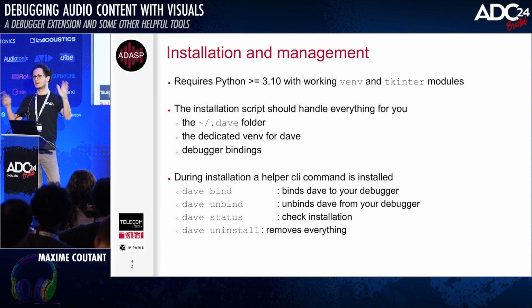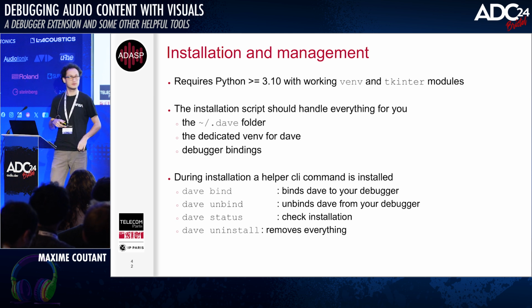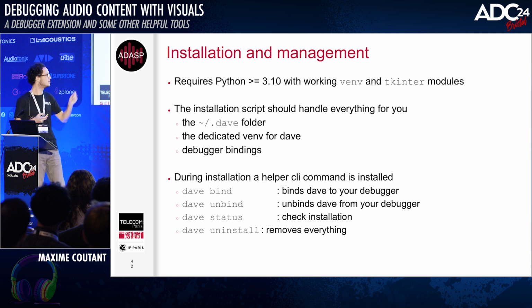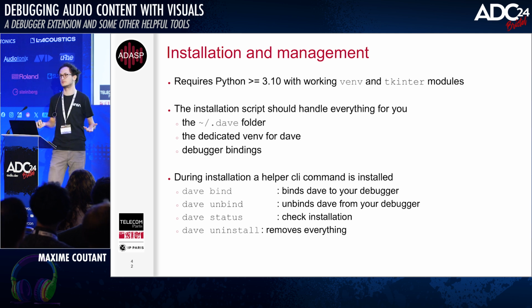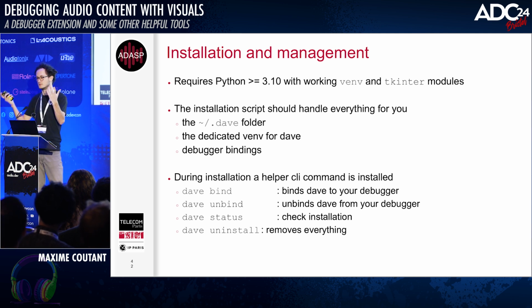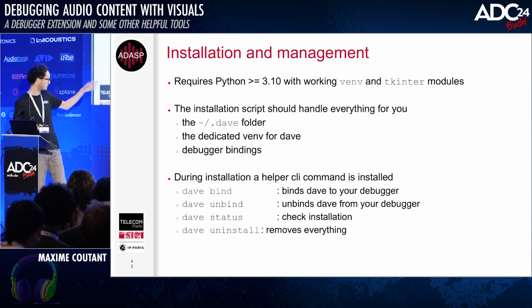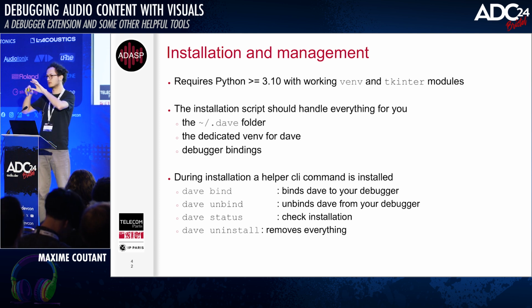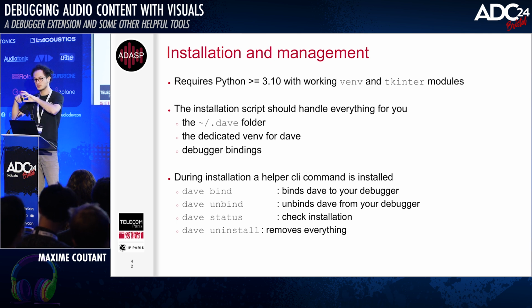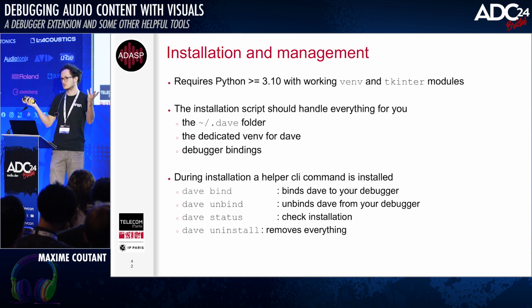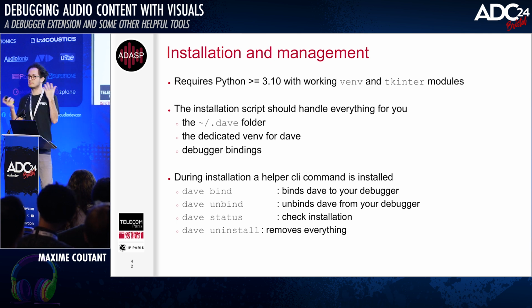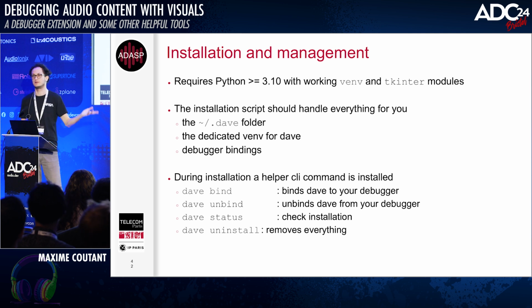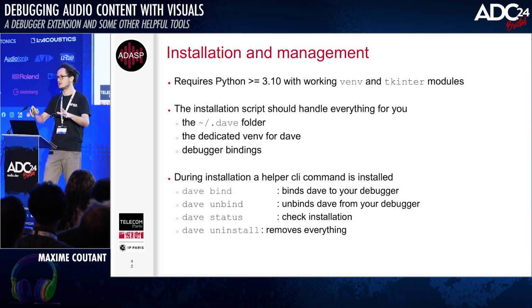It will do every little configuration part for you, and it will install a CLI help command, so simply a command that you can call in your shell, with four subcommands: bind and unbind, to specifically bind and unbind Dave from one of your debuggers; Dave status, to just check the version and which debuggers are bound; and uninstall, if you want to get completely rid of Dave for any reason.